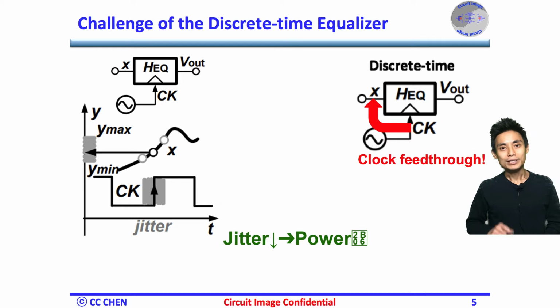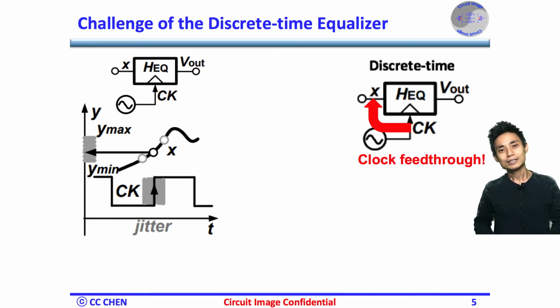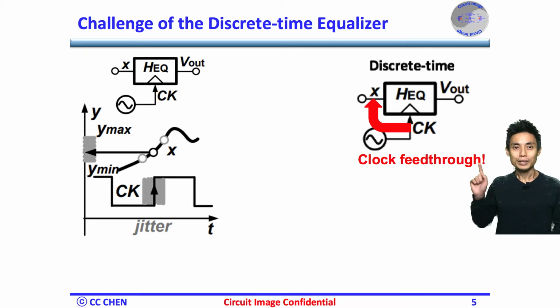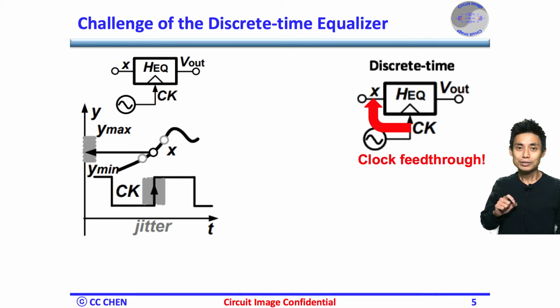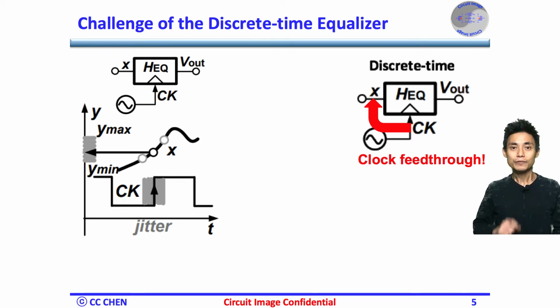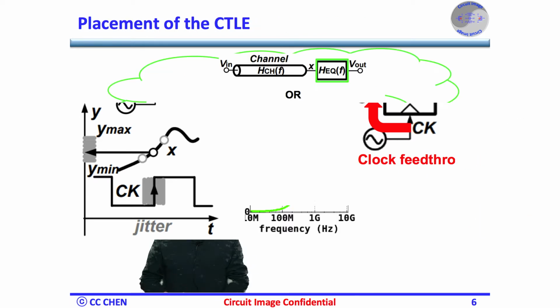Reasonably, more power is needed for low jitter clock generation and clock distribution. In addition, the clock feed-through could be a concern, interfering with the input signal of the equalizer. Therefore, the continuous time equalizer without clock and sampling would be preferable in the equalizer architecture topology.